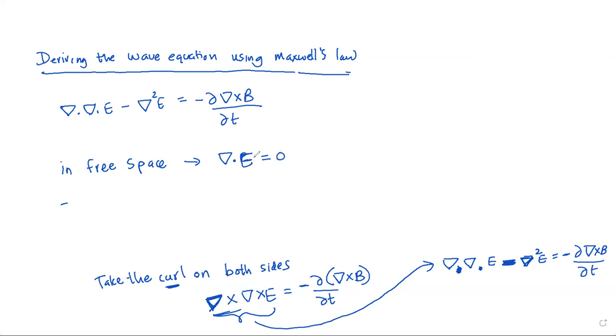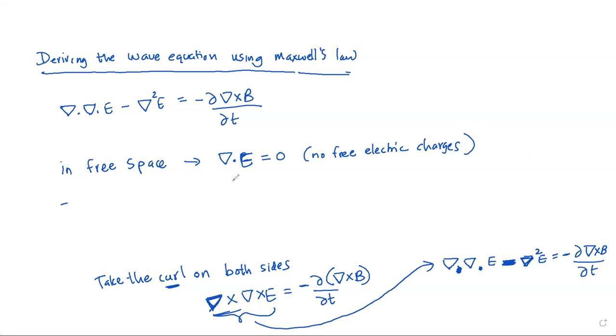So we learned from Gauss's law that the divergence of electric field is equal to the charges stored in the space. So if there are no charges in the free space, the divergence of the electric field is 0. And this is basically because there are no free electric charges in the free space.